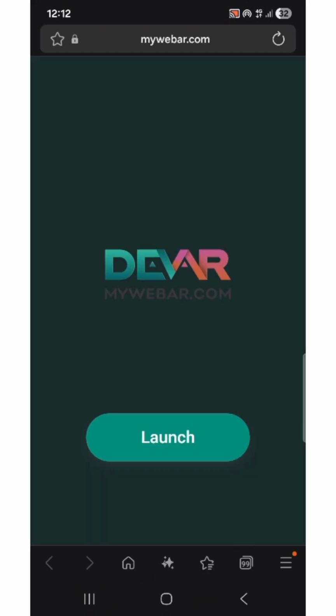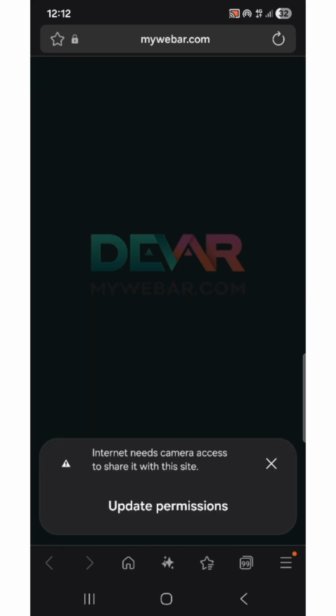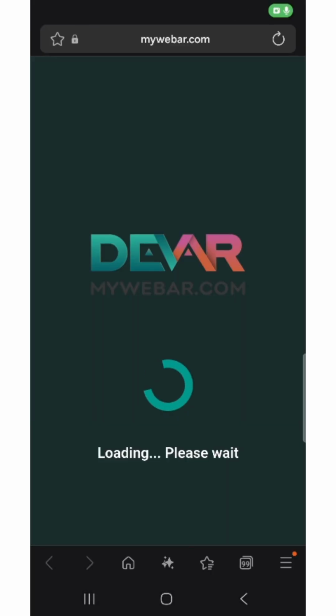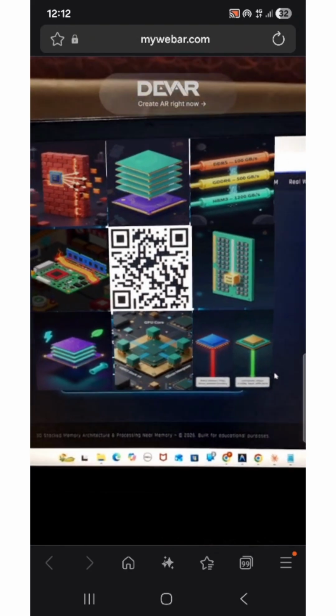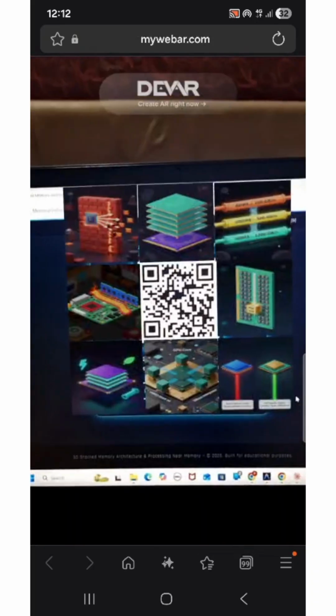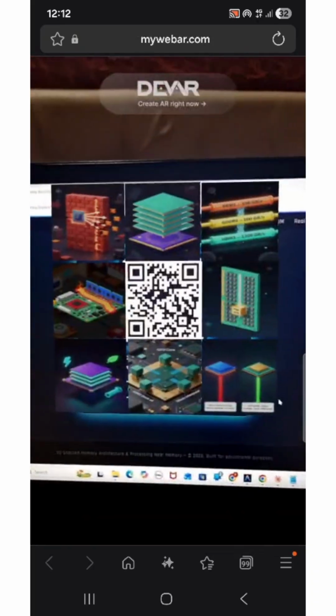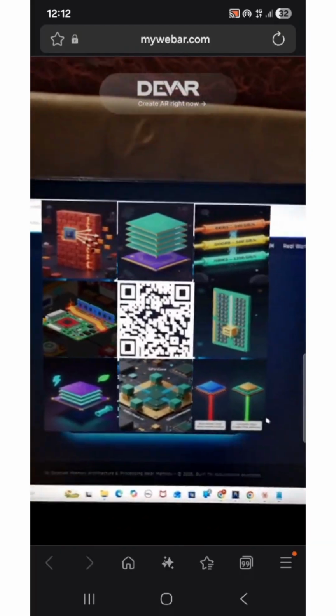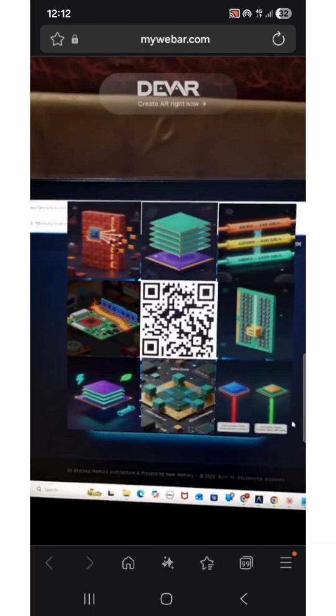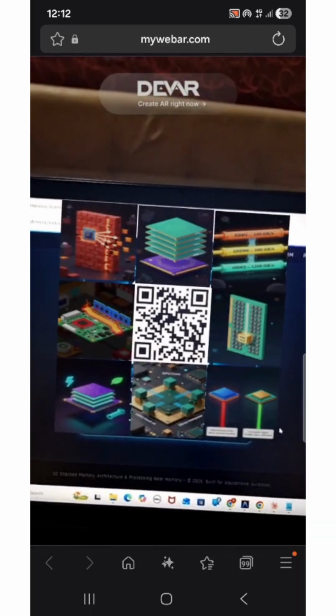We scanned the code and launched the app. It will take some seconds, and yep, here is our augmented reality. We need to keep the QR code in the middle to check it out.